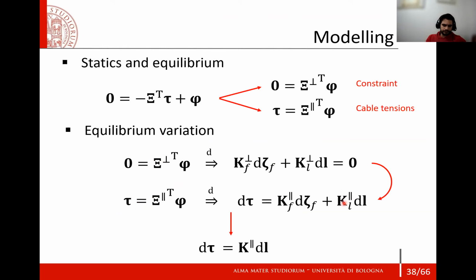So by pre-multiplying statics by the right null space and inverse transpose, we can obtain two special equations. The first is a constraint that the end effector coordinates should satisfy when attaining static condition, and the second allows us to compute cable tension for a given static configuration of the end effector.